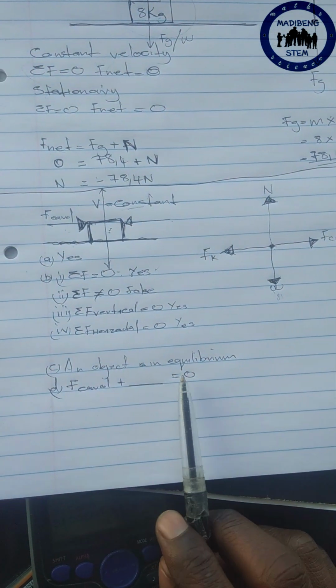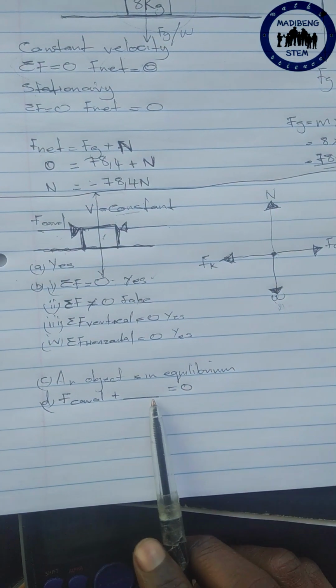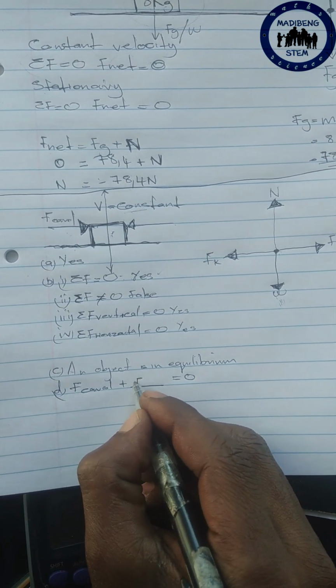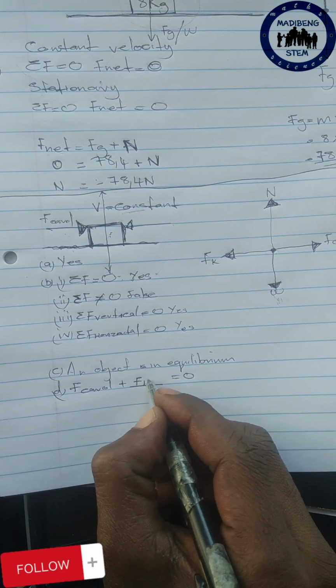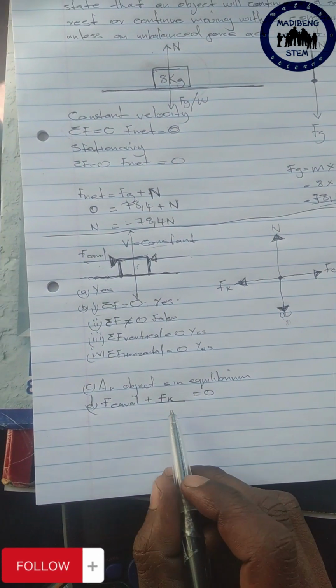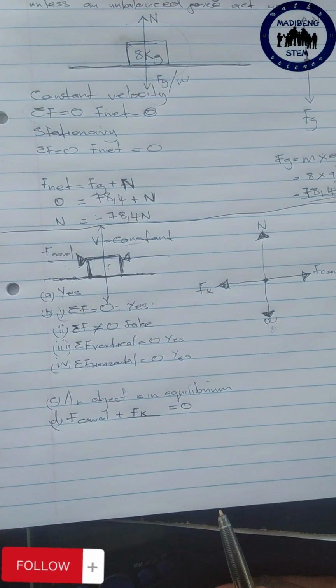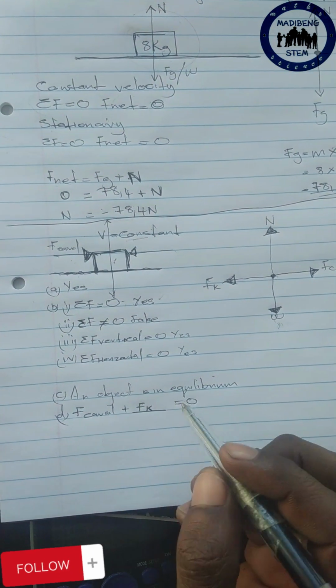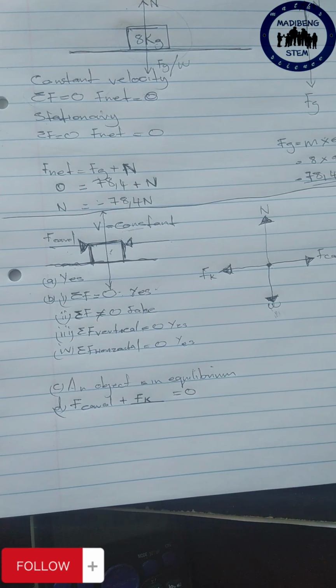So here we're going to put Fk, which is kinetic friction, but acting in the opposite direction. You understand?